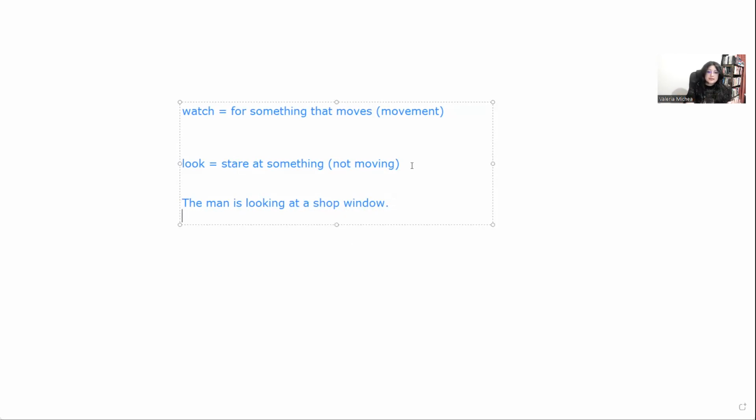And see, in this case, it's more related to watch. Okay, so that's why some people would say, I see a movie, or let's see a movie. It works like that. So it's more related to movement, images that move in that case, or things that move.